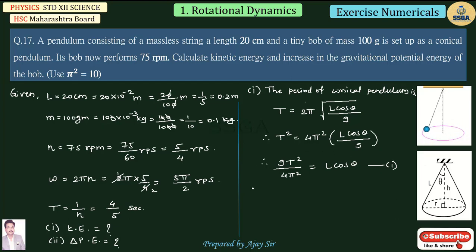Therefore from this figure, cos theta is equal to h upon L. So by cross multiplication, L cos theta is equal to h.